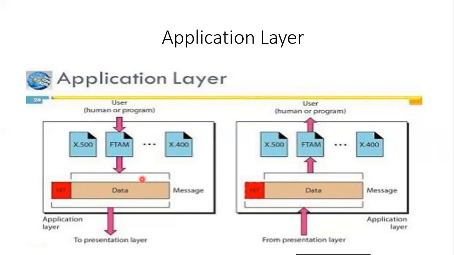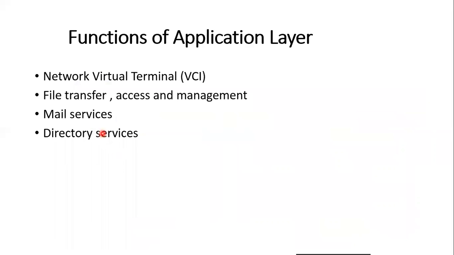Here, the functions used in the application layer are, first, the virtual terminal, that is the network virtual terminal. It is a software version of a physical terminal and it allows the user to log on to a remote computer. The application creates a software terminal at the remote host.